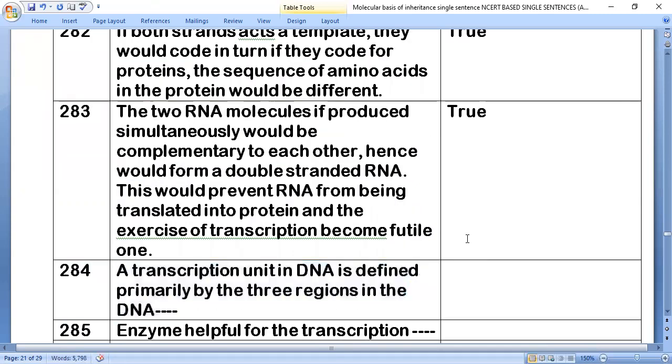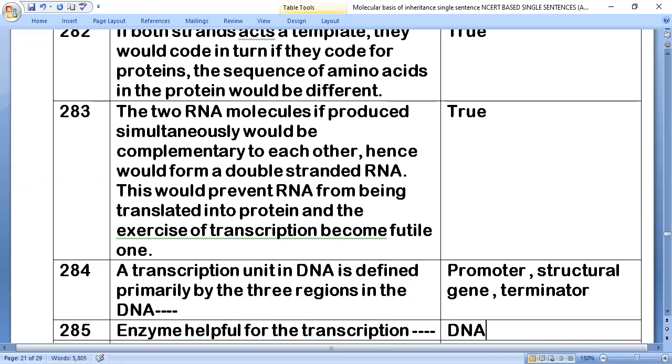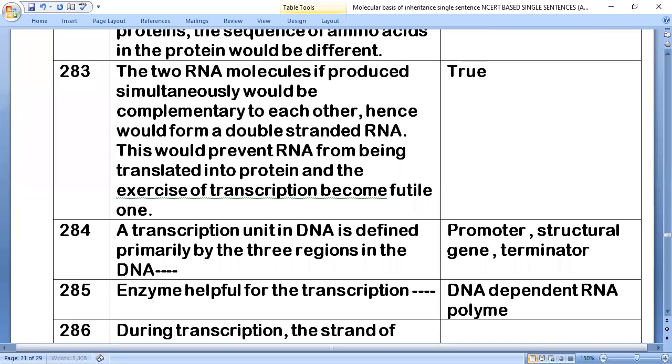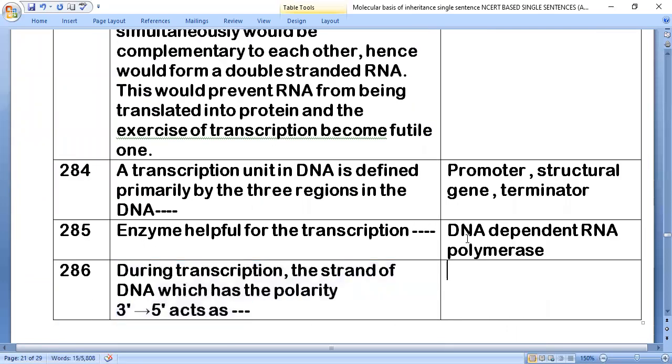A transcription unit in DNA is defined primarily by three regions of the DNA: promoter, structural gene and terminator. The enzyme helpful for transcription is DNA-dependent RNA polymerase.